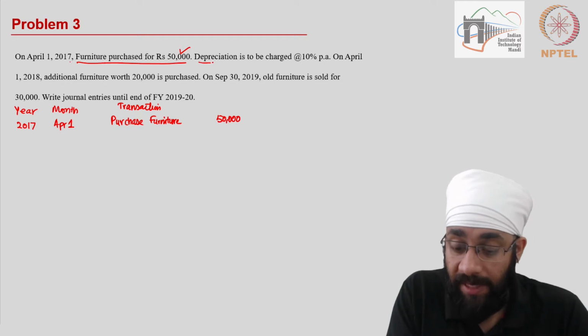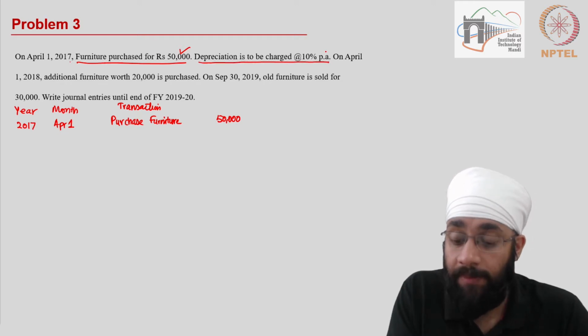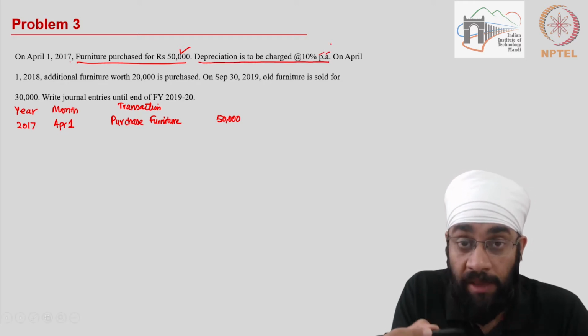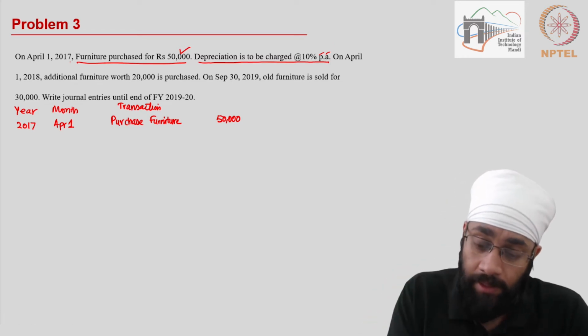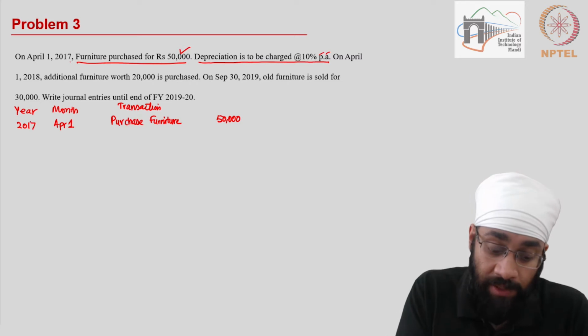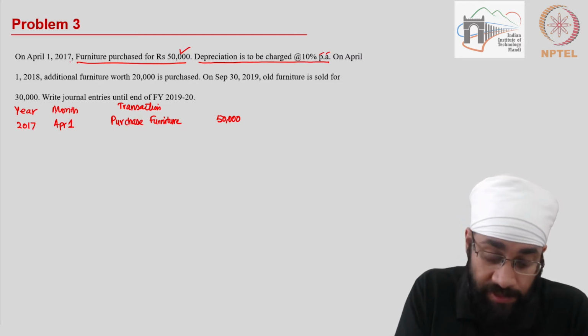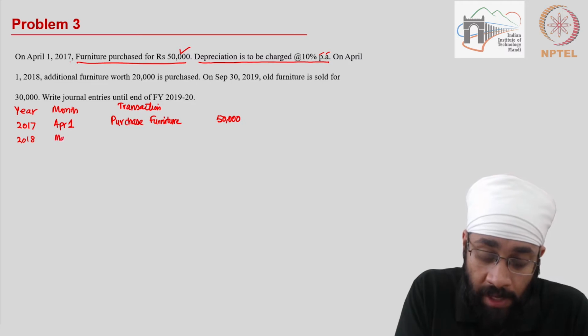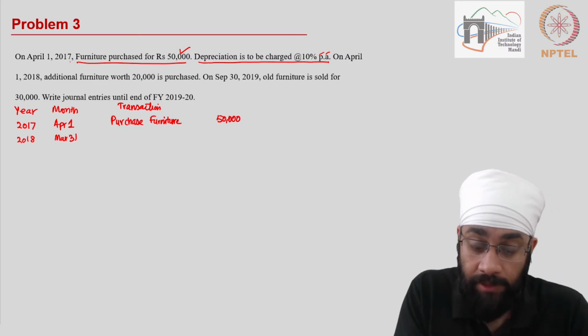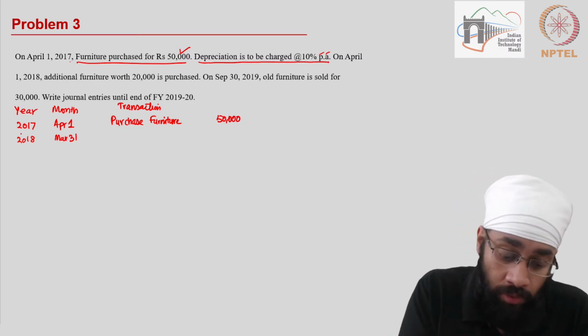The next line says depreciation to be charged at 10% per annum. So every year you charge depreciation at 10%. Which means that when this first year ends, which is going to be 2018 March 31st, this is when the first year is going to end.